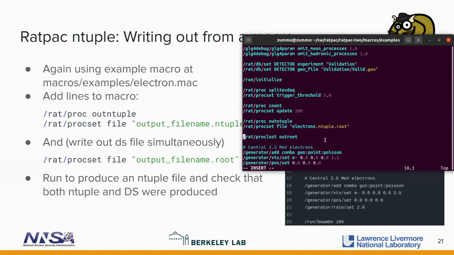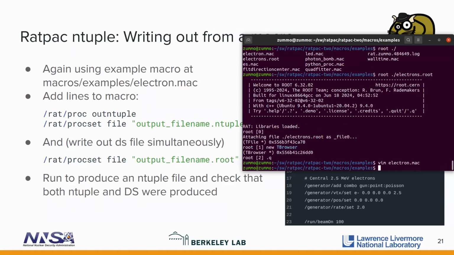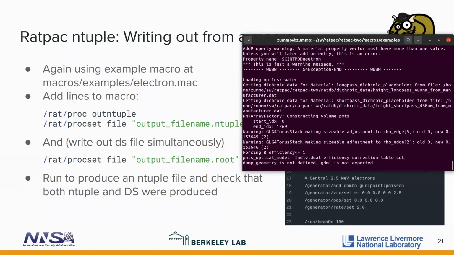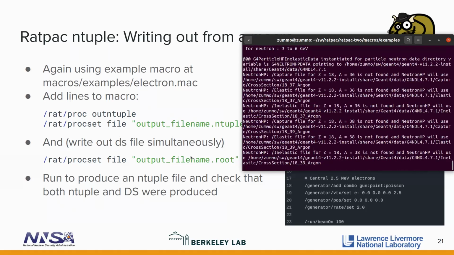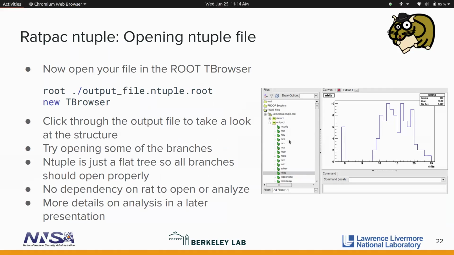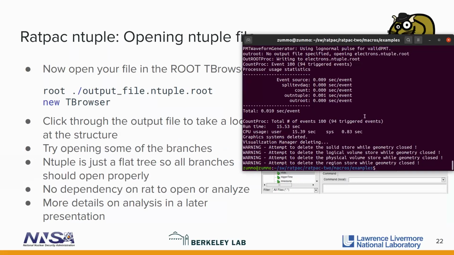And so once you do this, the nice thing with the n tuple files is, no matter what, as long as you have ROOT, you can open these in your TBrowser and look at it, regardless of whether you have RAT installed or not.